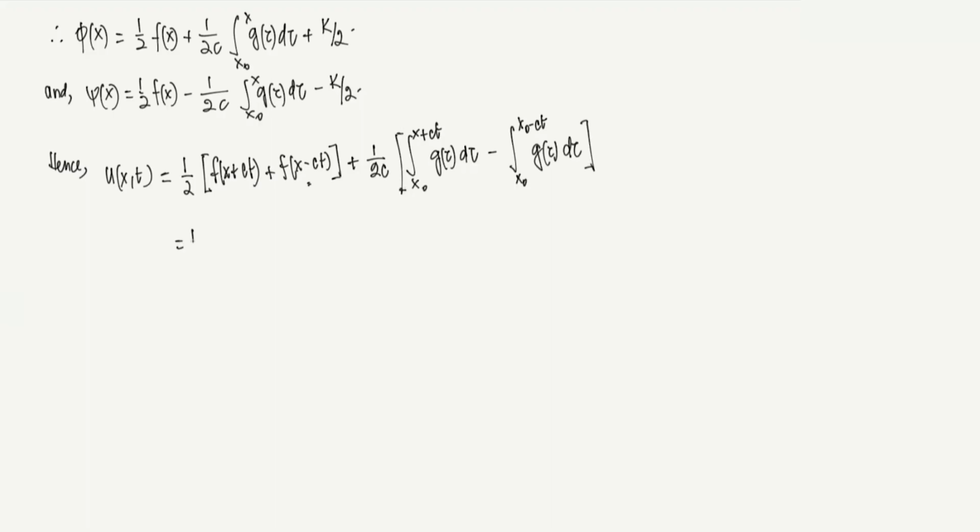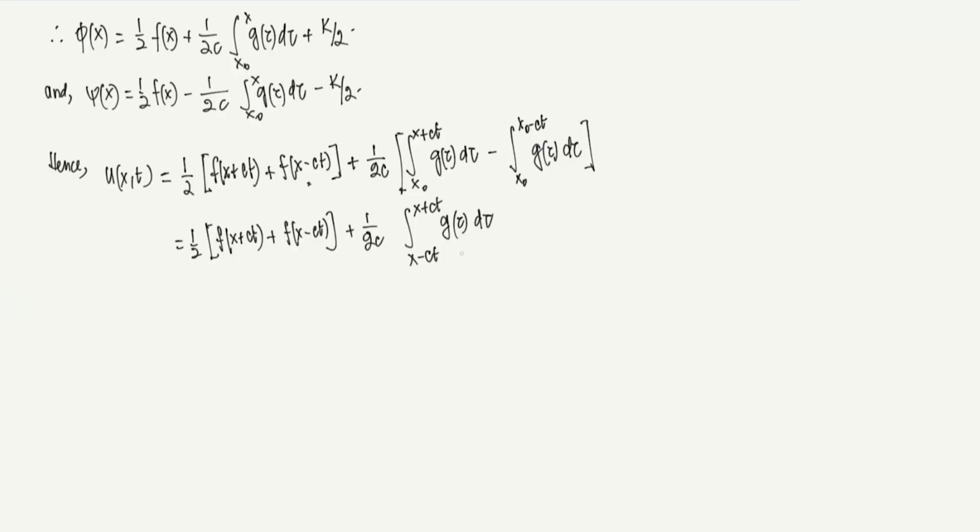So that is equal to half times f of x plus ct plus f of x minus ct, plus, putting this together, 1 by 2c times the integral from x minus ct to x plus ct of g of tau d tau. So this is the equation, and it is a very important formula.